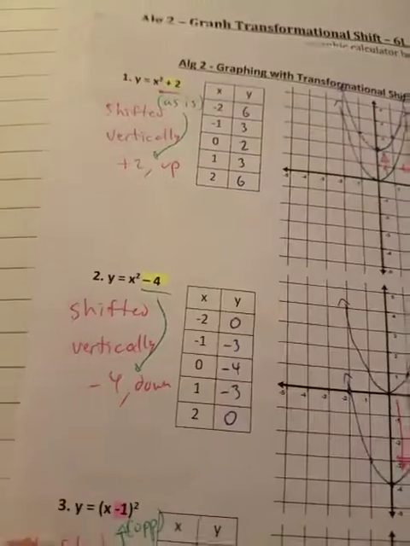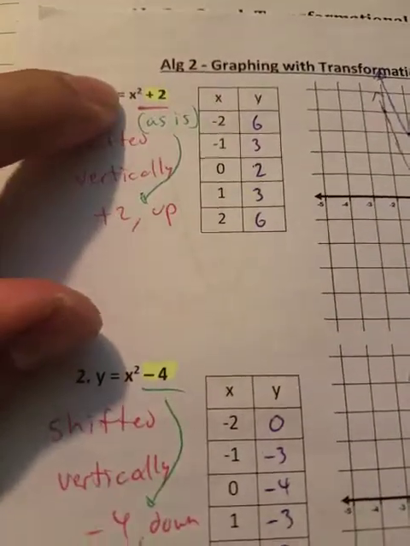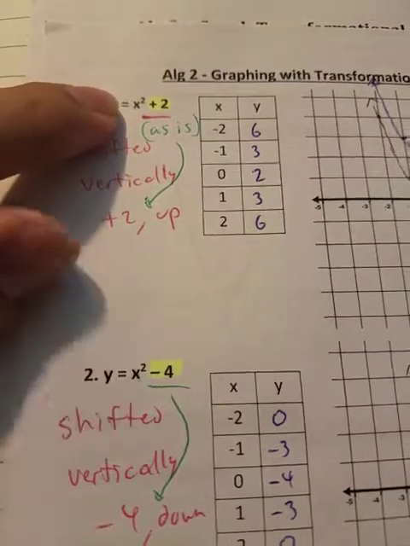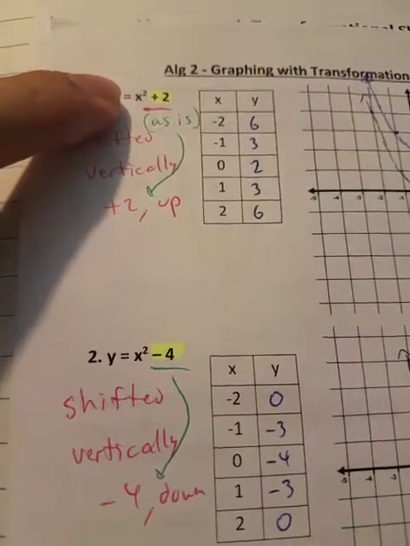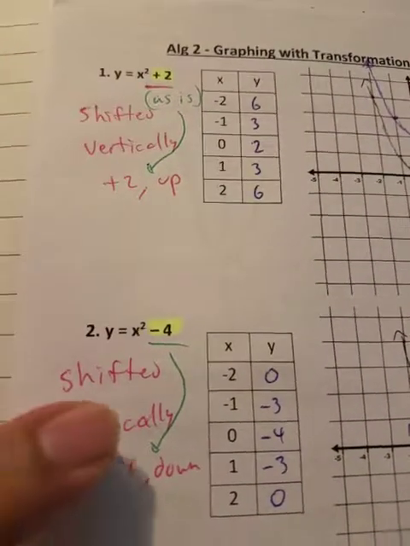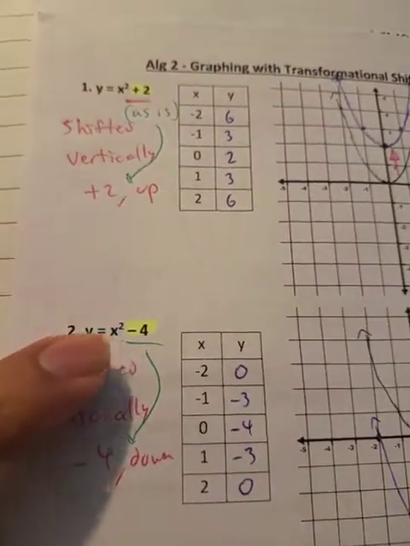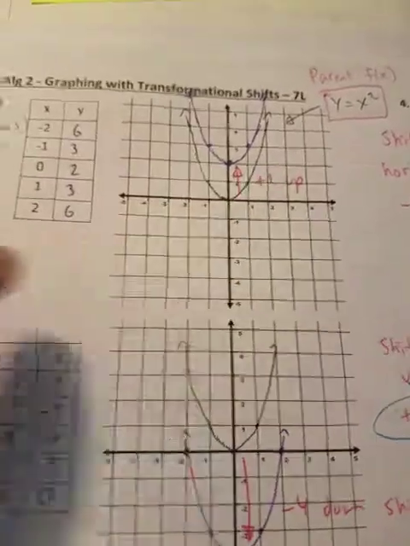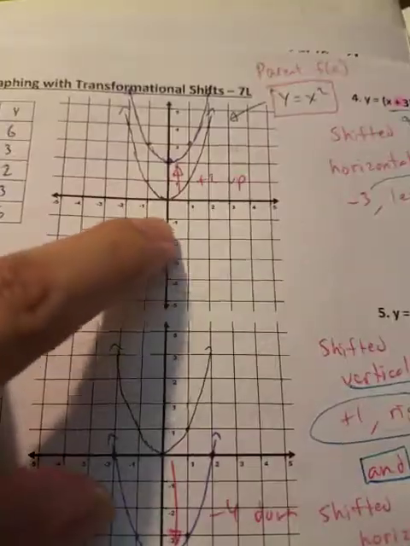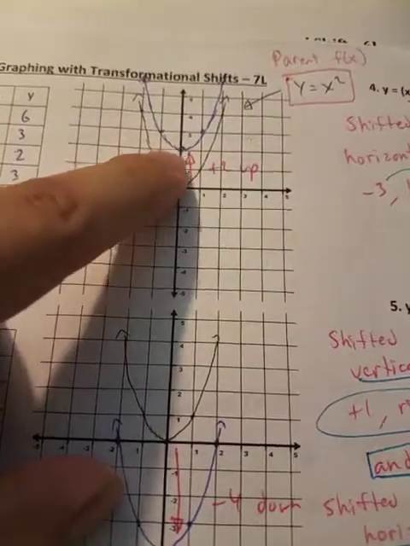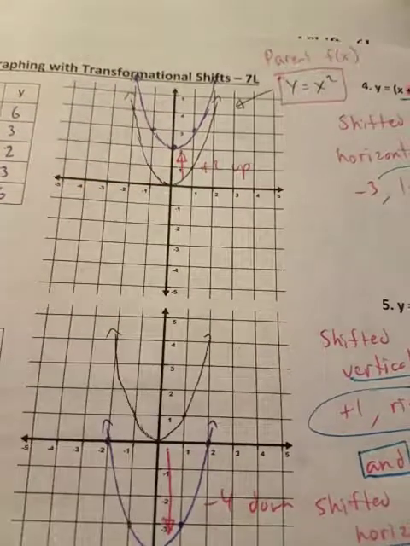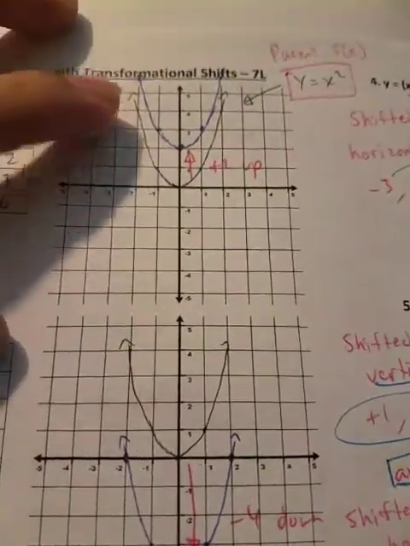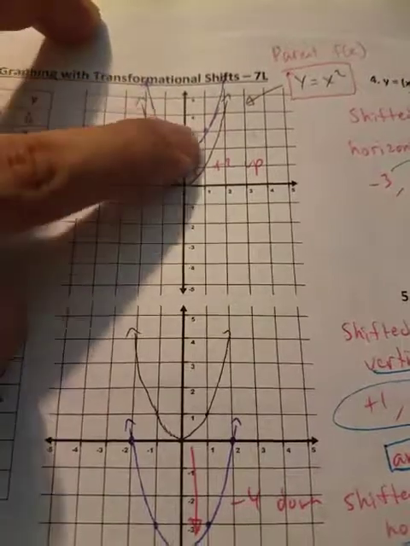Here is the function x squared, which is just the parent function of the quadratic, plus 2, the same thing, minus 4. Now, what happens is, this is your original x squared. That plus 2 makes the entire graph go up by 2 units. Vertical shift, translation, up.